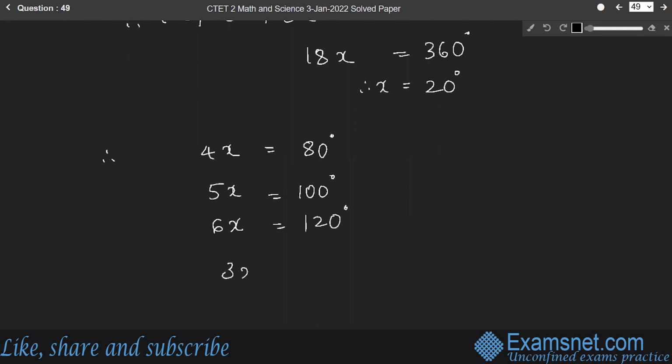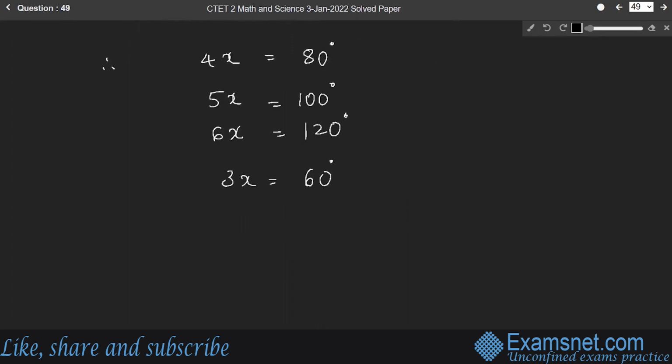And 3x is equal to 60 degree. Here, the greatest angle is 6x, that is 120 degree.